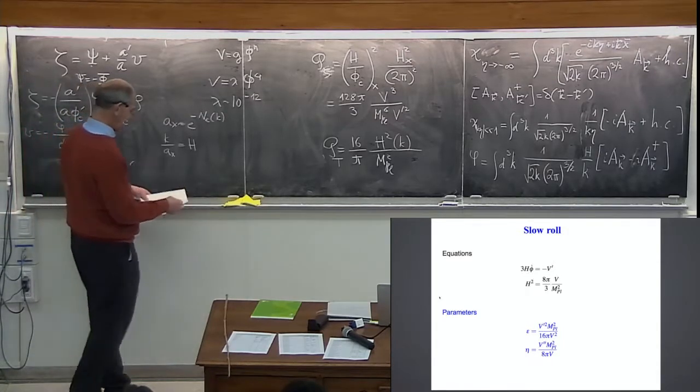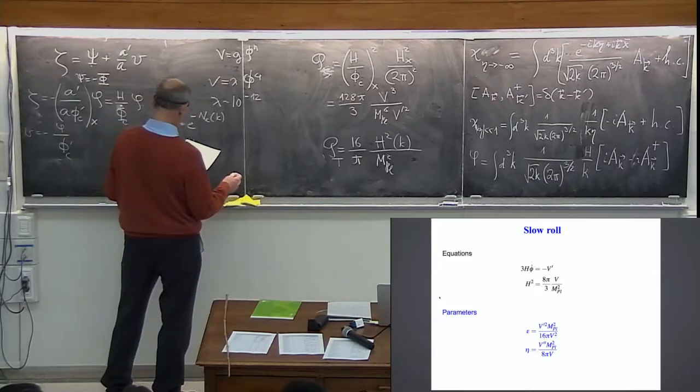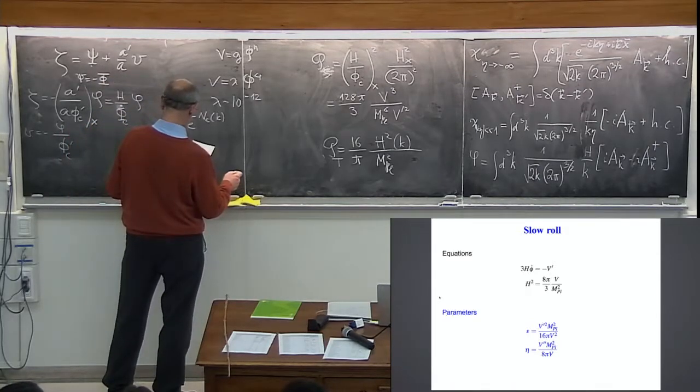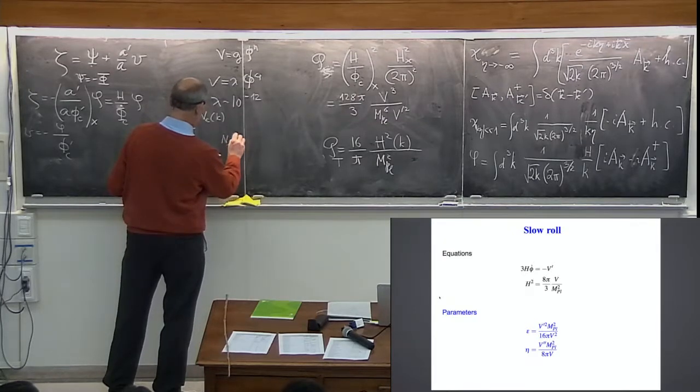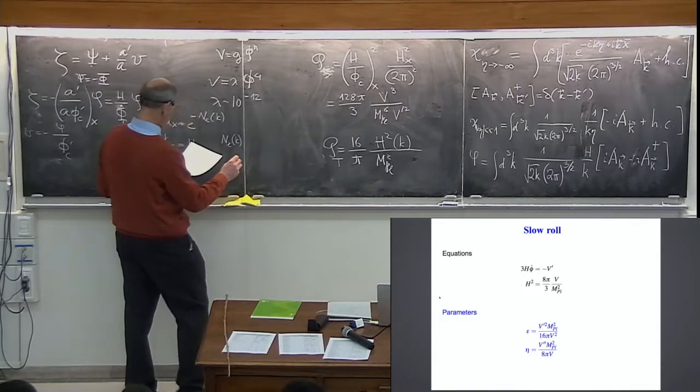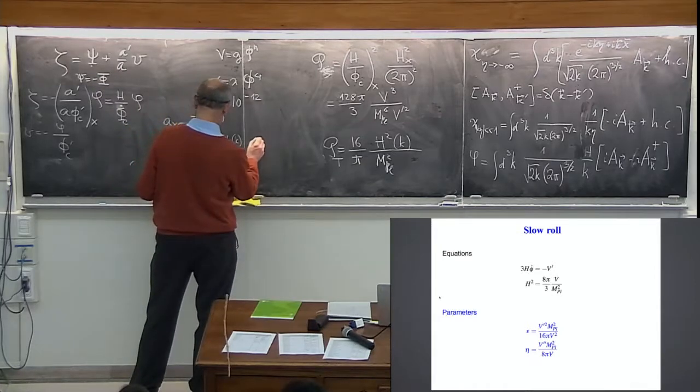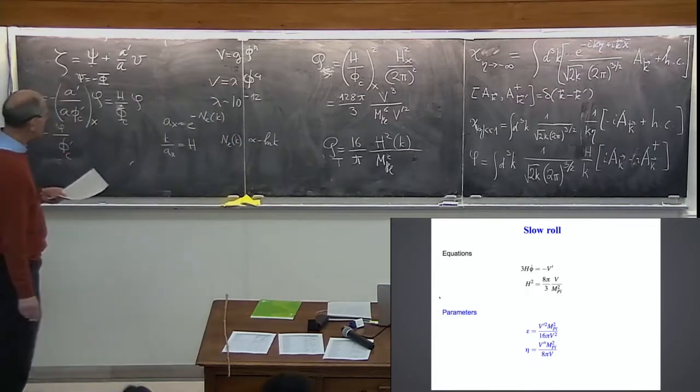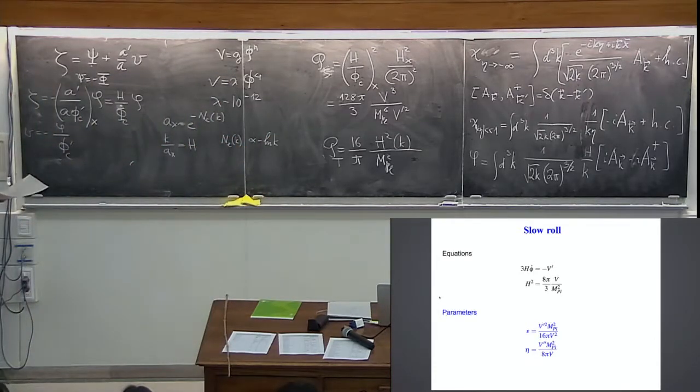So I have N_e of k proportional to minus logarithm k, right? Am I right? Yeah.